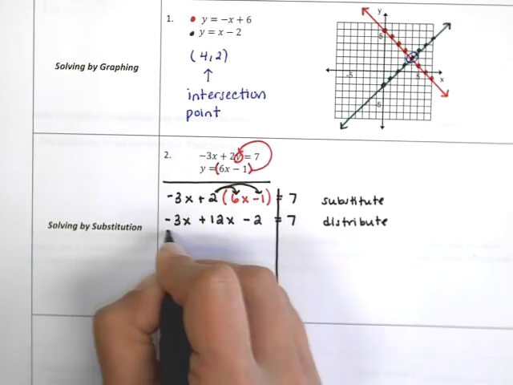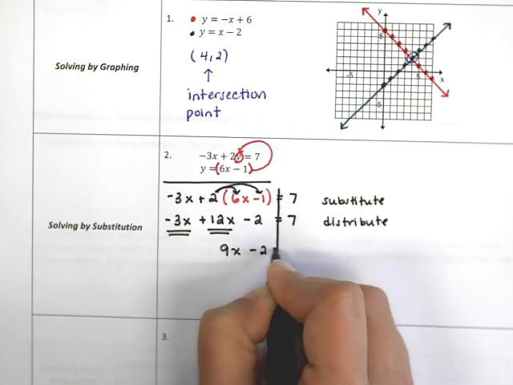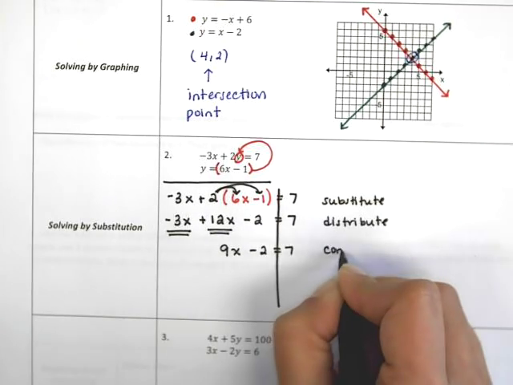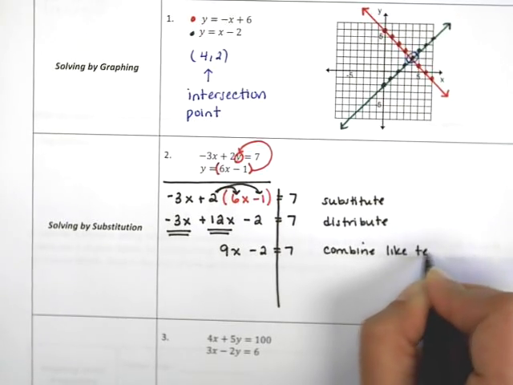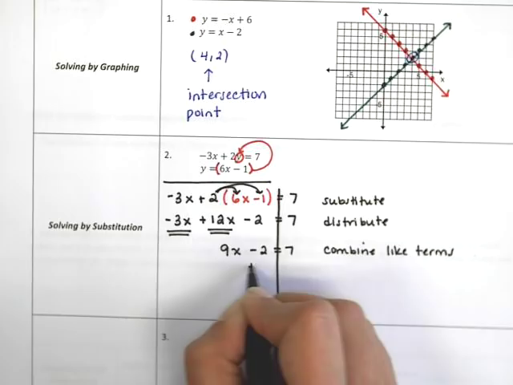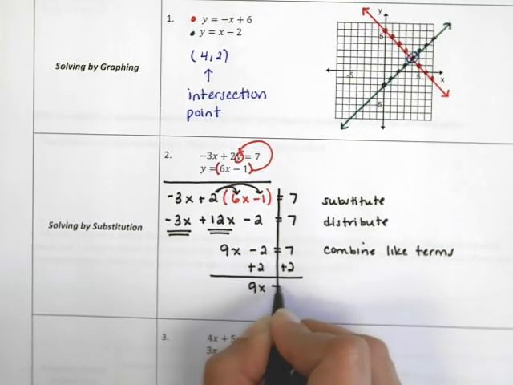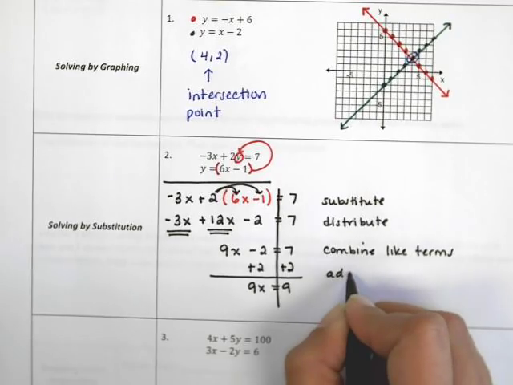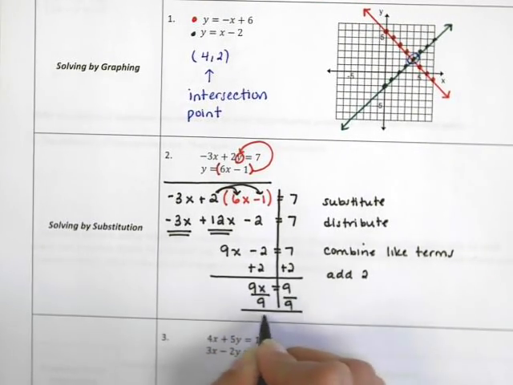I'm going to combine like terms, so I'm going to have 9x minus 2 equals 7. Then I'm going to add the 2 on both sides, and I get 9x equals 9. And then I'm going to divide by 9 on both sides, and I get x equals 1.